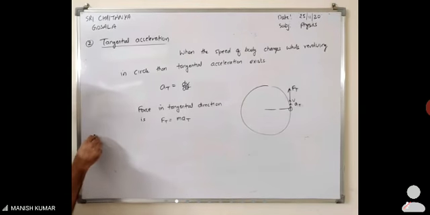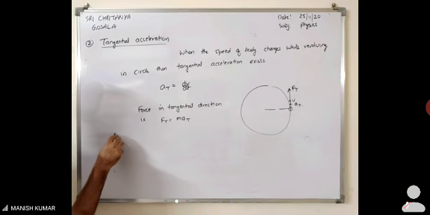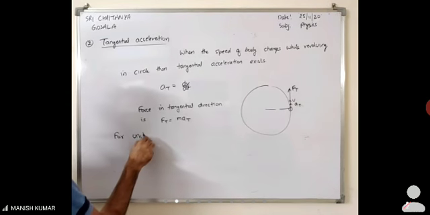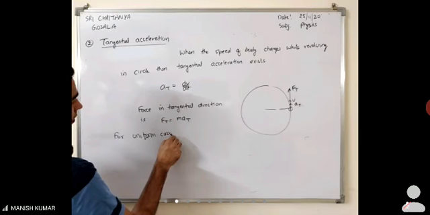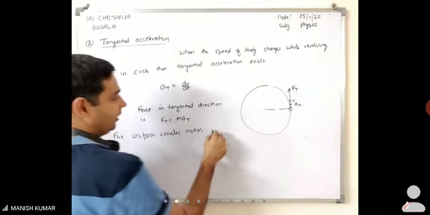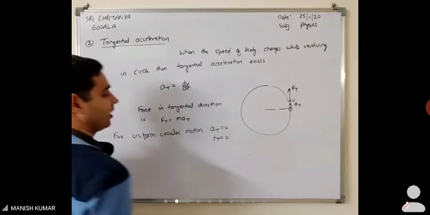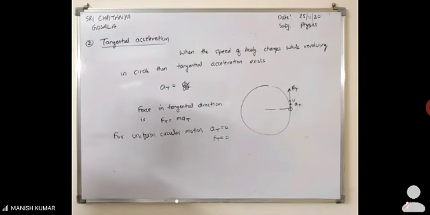Then if we talk about net force, you can write just one more statement for uniform circular motion: a_T is 0 or F_T is 0. There is no tangential acceleration, there is no tangential force.